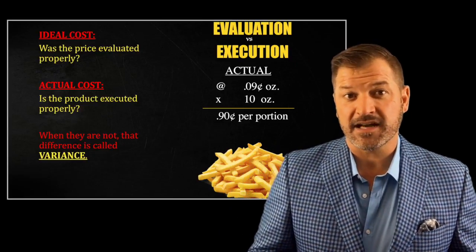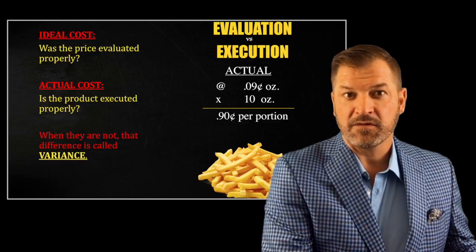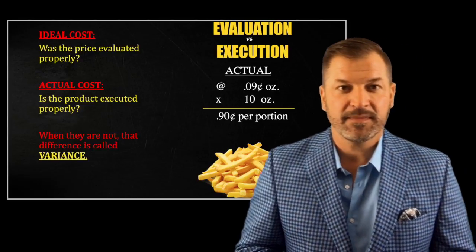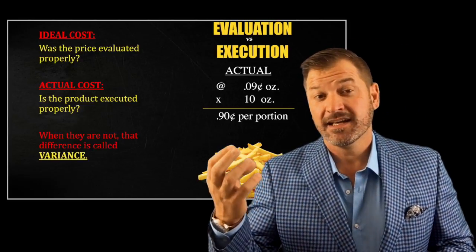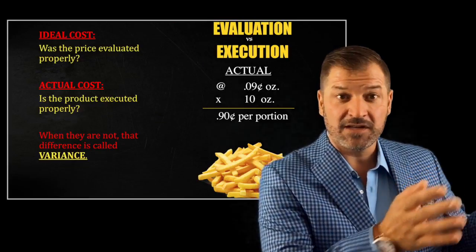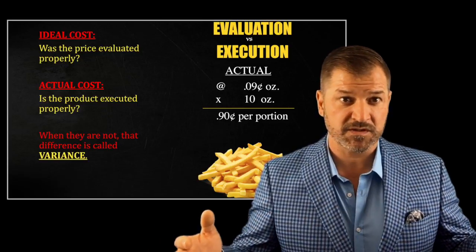The way that we figure this out is we add up all of the items that we sold with fries on it, and we multiply that total by 7 ounces for each plate, and we come up with what our ideal usage of French fries should have been. Then we take how much inventory we used to sell against it, our total purchases, and how much we had left.